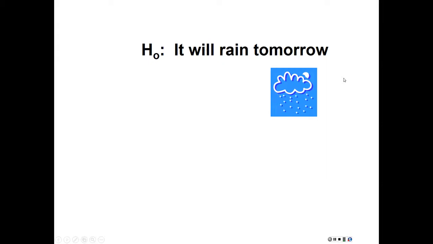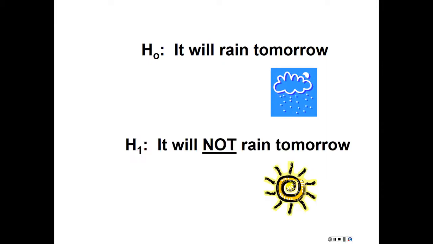This is a hypothesis. It will rain tomorrow. The hypothesis may be true or it may not be true. If the first hypothesis is not true, then the second hypothesis is true. The first hypothesis is going to be something we call the null hypothesis. And basically that null idea comes from the word not.